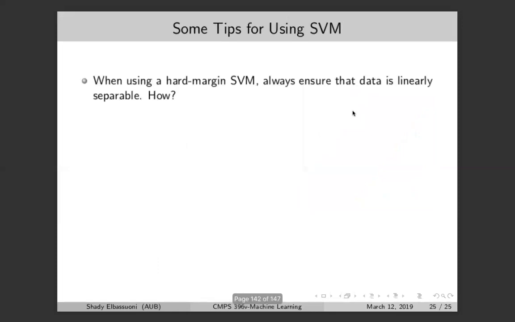So using SVM. So last thing, yes. How do I know? I'm going to talk about this in this slide. So when using a hard margin SVM, always ensure data is linearly separable. How? If the quadratic program doesn't return a solution. Basically, you run the library and it doesn't return any solution.